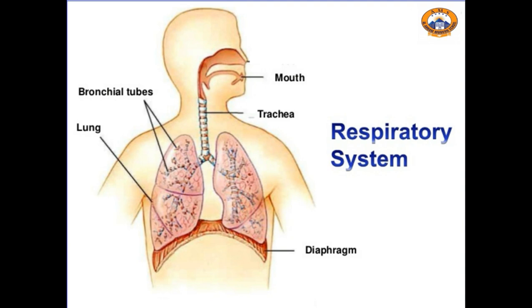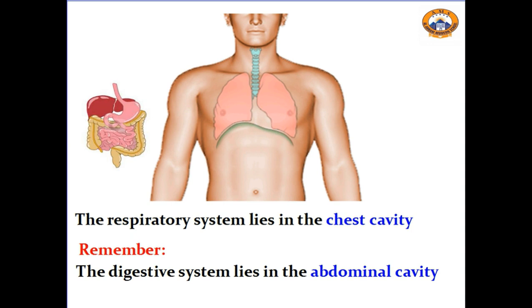But let me ask you first, where do you think your respiratory system exists in your body? We knew from lesson 1 that there was a cavity known as the abdominal cavity where most of the digestive organs lie. There is another cavity which is present above the abdominal cavity. This cavity is known as the chest cavity or thoracic cavity, and this is where the respiratory system lies.